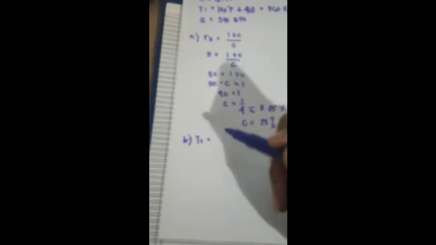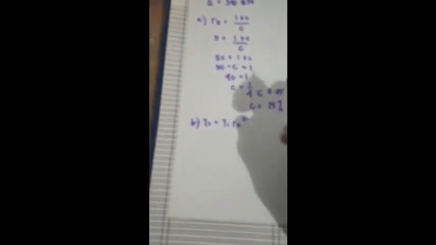So the next one is getting the temperature before the expansion. First you have to get the T2. The formula for getting T2 is T2 is equal to T1 times rk raised to k minus 1.